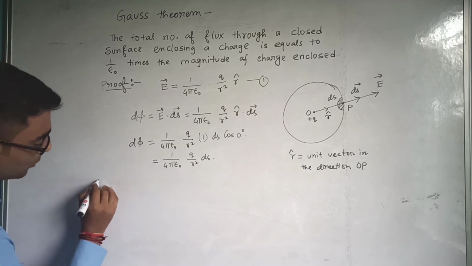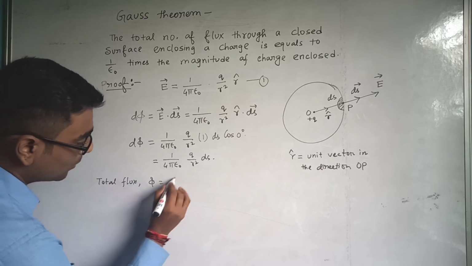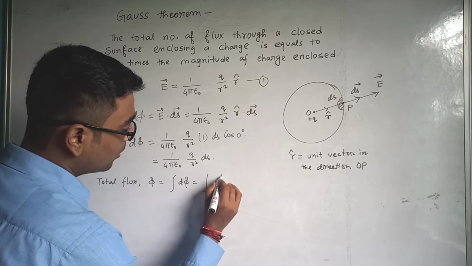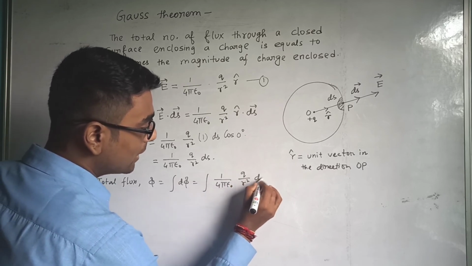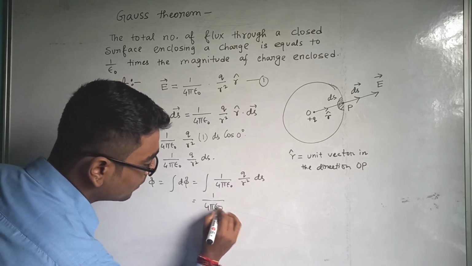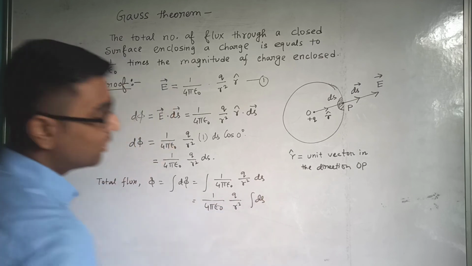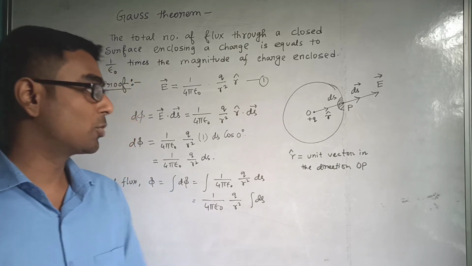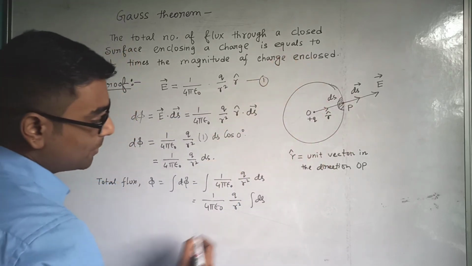Now the net or total flux phi is equal to the integration of d phi, which is the integration of 1 by 4 pi epsilon naught Q by r square ds. The integration will be only over ds. If we integrate over the small elementary portions, as a whole it will be the total sphere.